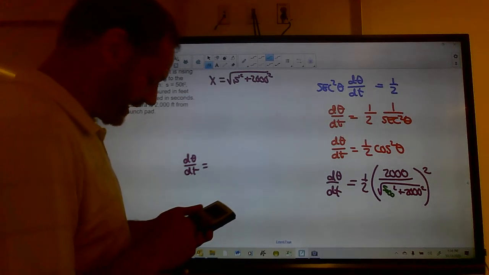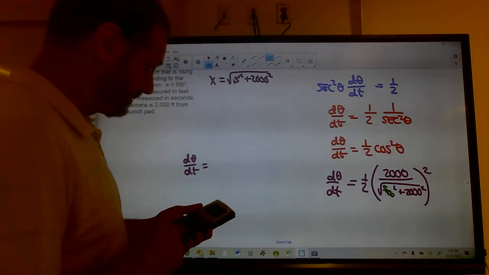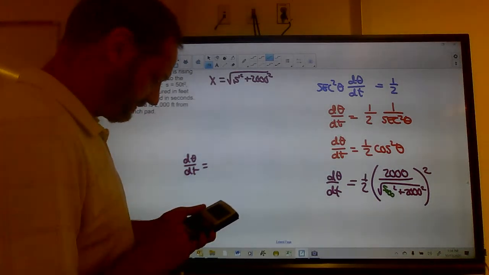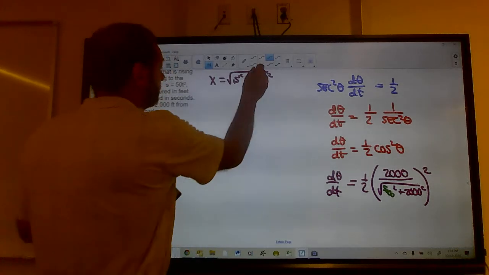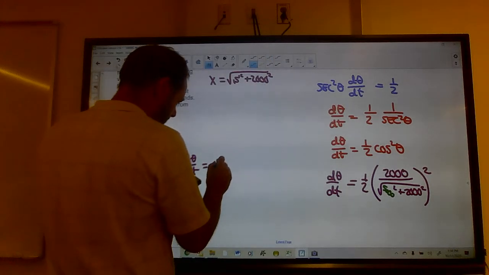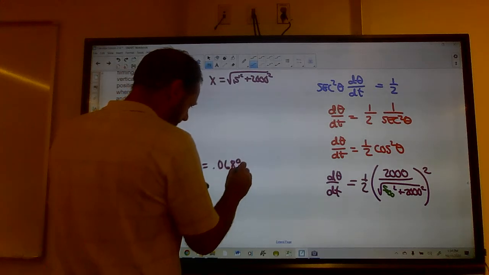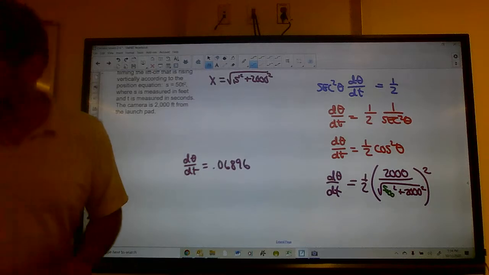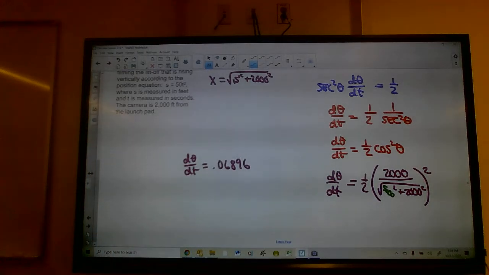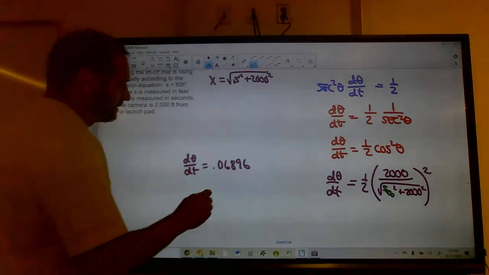And then we're going to square that times 0.5. Comes out to be 0.06896. And that should be in what, radians per second, probably. Yep, radians per second.